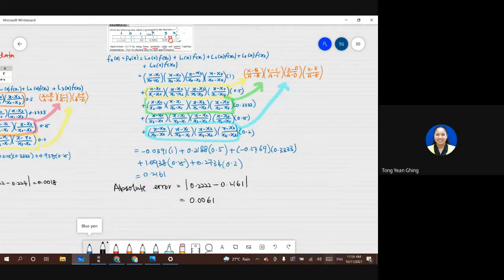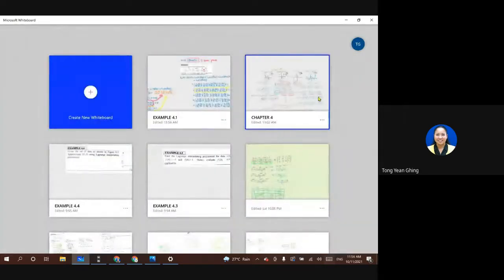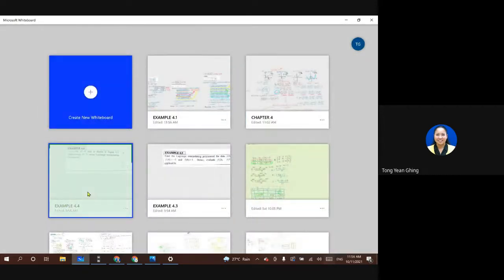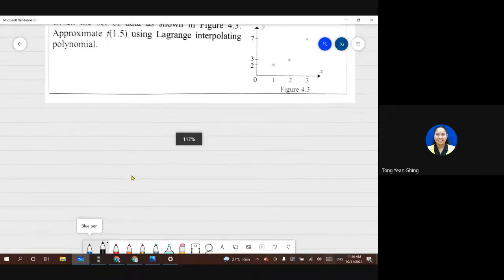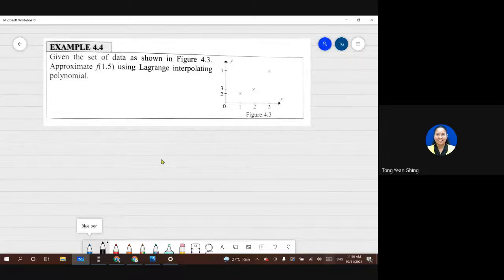Maybe we try another simple example before we stop. Let's try example 4.4. Given a set of data shown in figure 4.3, approximate f(1.5) using Lagrange interpolation.